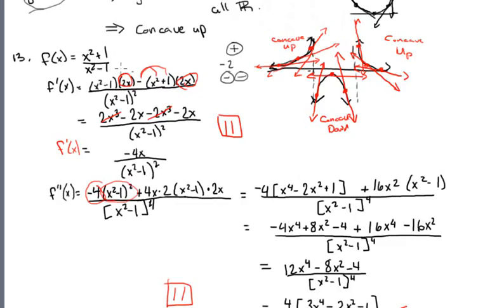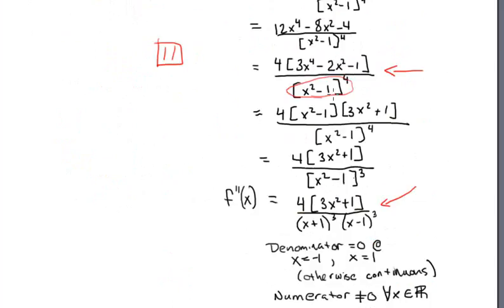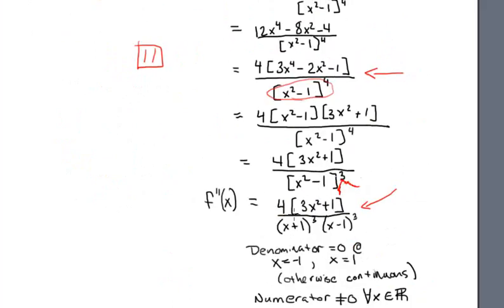Those intervals were determined by whenever the denominator was 0, we had some vertical asymptotes, and that partitioned out the real line into the intervals outside of and between those vertical asymptotes. So again here, 4 times 3x squared plus 1.